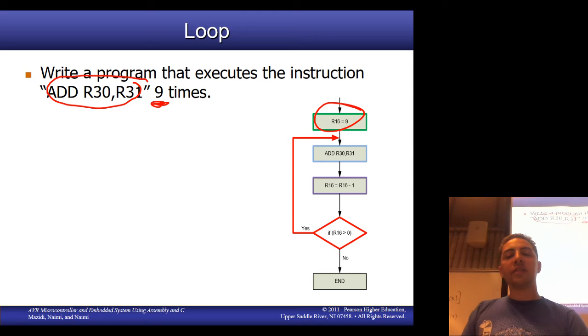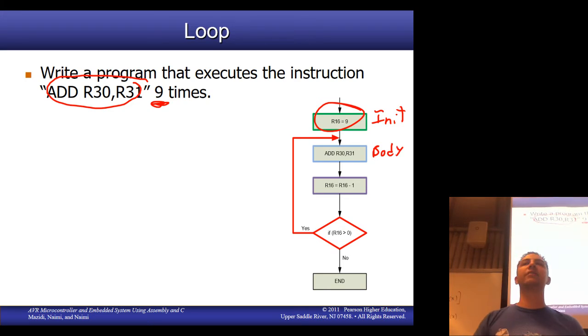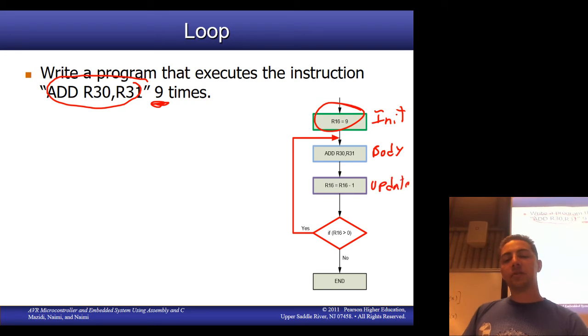We typically call these different blocks the initializer, or init, the body. The body of the loop could be many, many lines, but in this case it's just one. Then we have some kind of update. The update somehow affects the counter variable.